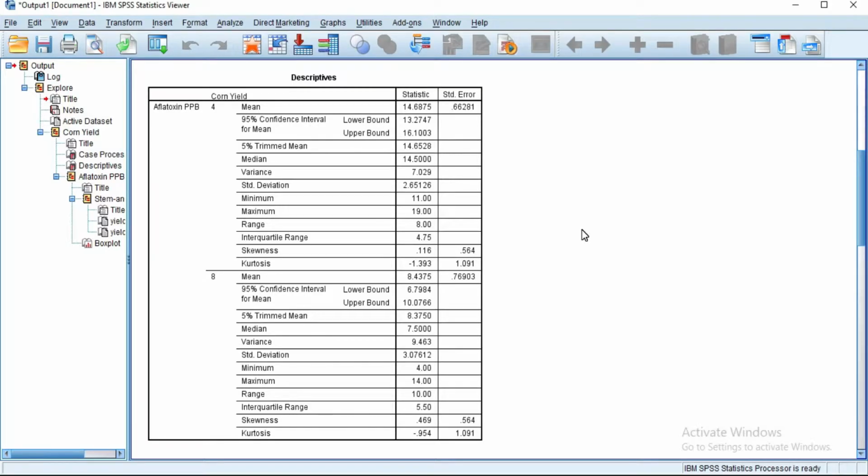And next to it, the dividing point is the median. The median is the point which divides the data into equal parts. 50% of the data is below it, 50% of the data is above it. And the dividing point next to the median is quartile number 3. Before quartile number 3, 75% of the data observations are lying, and after quartile number 3, only 25%.